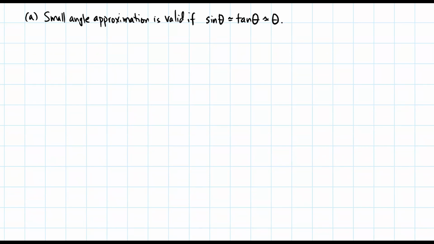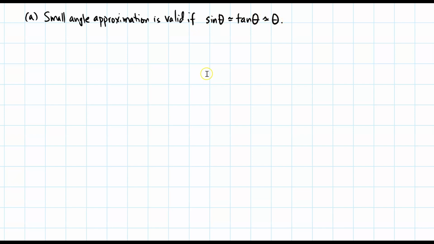Now, a small angle approximation is valid up to the number of sig figs typically required for a calculation. But in two-slit interference, a good indicator of a small angle approximation is if sine of theta and tangent of theta can be approximated by their first order term.